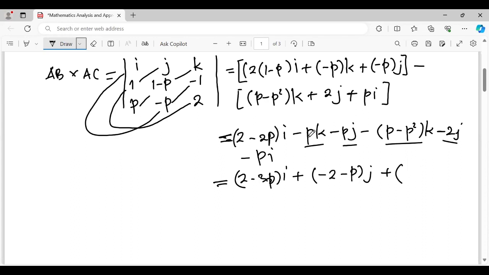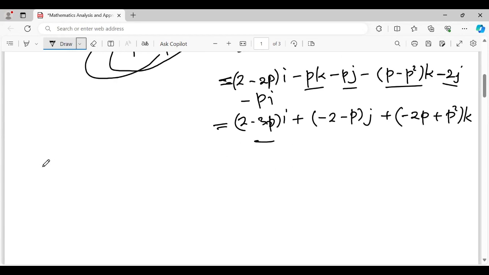It means minus p minus p minus 2p plus p squared k. This is AB times AC.